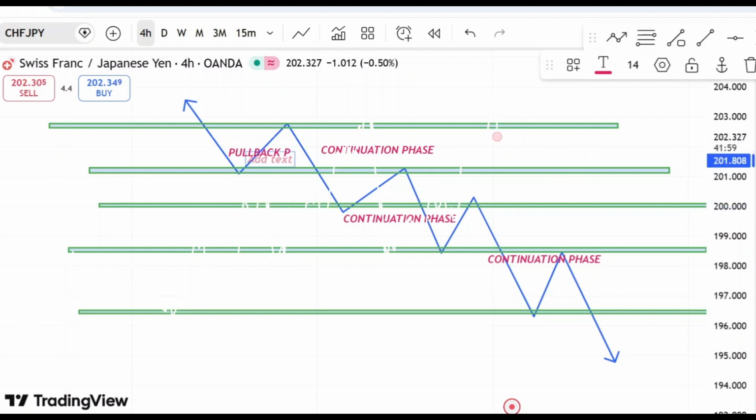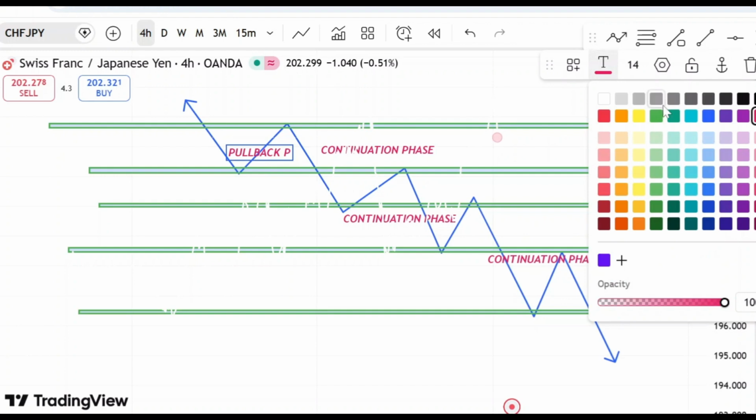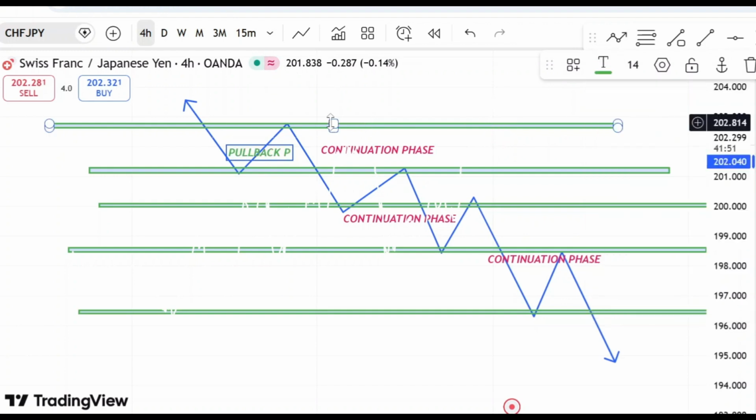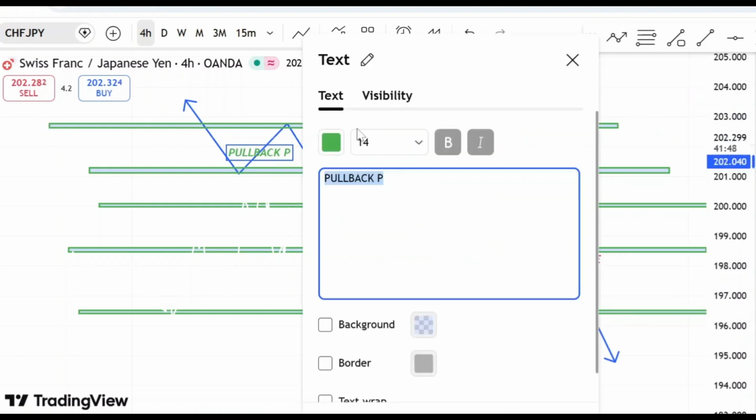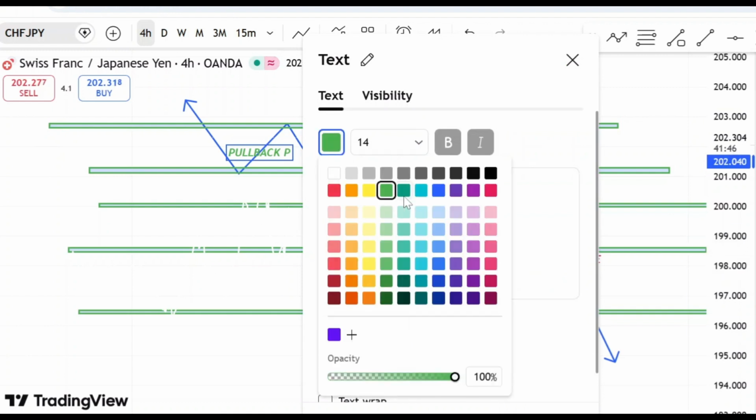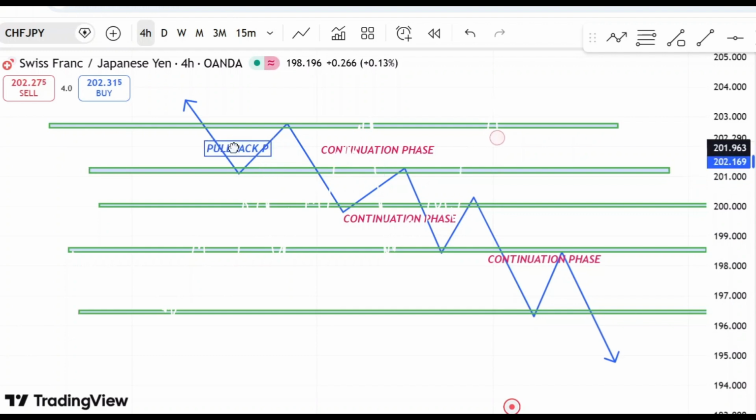Let me change colors so that they can be different in visibility. Let me use this blue color. It's far better.